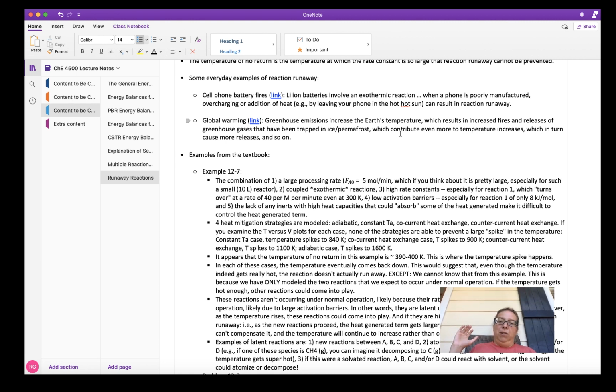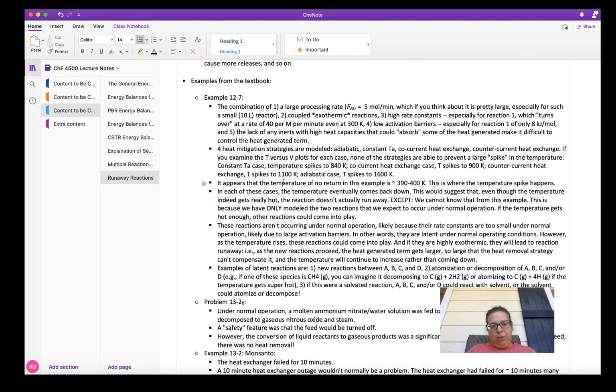That contributes even more to the temperature increase, which in turn causes more releases through things like more forest fires or more gases trapped in ice that's melting being released, and the temperature keeps increasing and so on. So the reaction itself eventually causes the temperature to rise that fuels the things that started it in the first place.